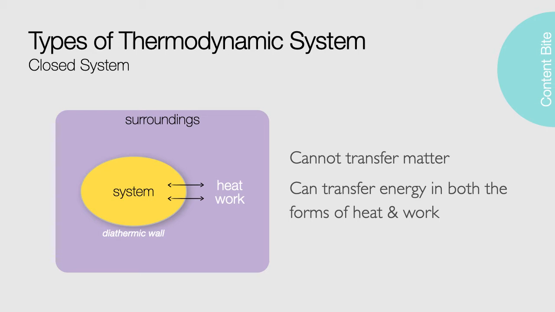However, I will note here that usually when we consider work, we are considering expansion work, although there are many different types of work within thermodynamics, and a closed system allows any type of energy transfer in the form of work to occur. Secondly, I will note that the transfer in energy in the form of heat via the diathermic wall should not be impeded by this boundary in a truly closed system. But as long as the system and its surroundings are allowed to come into thermal equilibrium, the boundary doesn't really need to be considered.